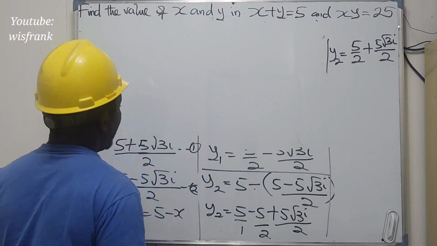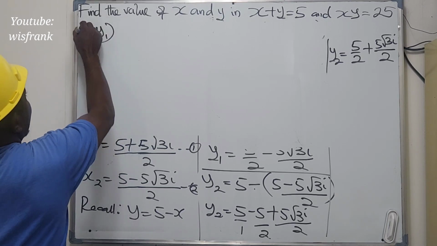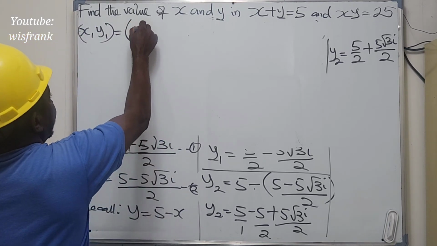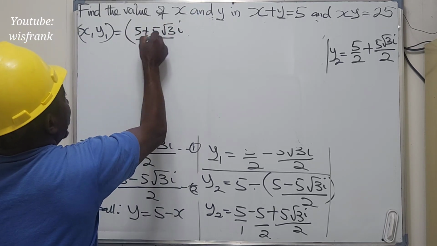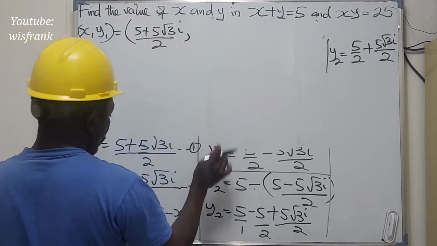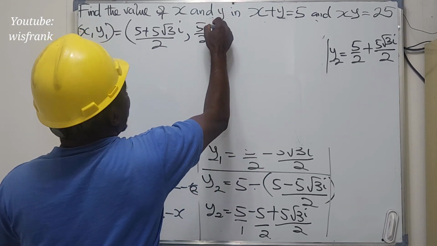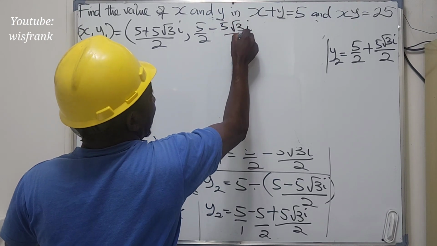So we have our x1 and y1: our x1 is 5 plus 5 root 3 i all over 2, and our y1 is 5 all over 2 minus 5 root 3 i all over 2.